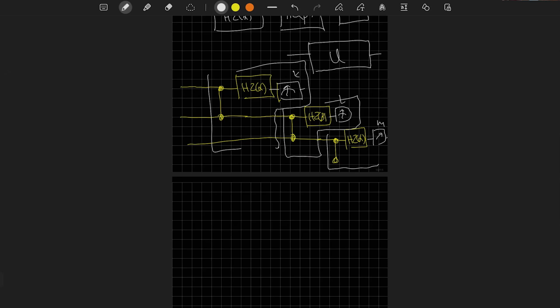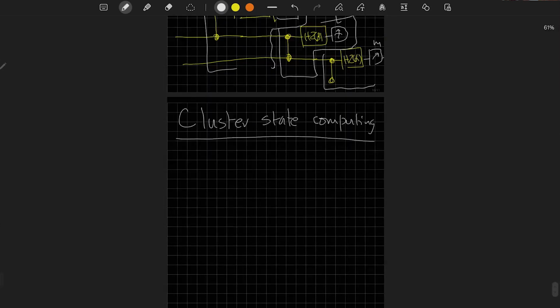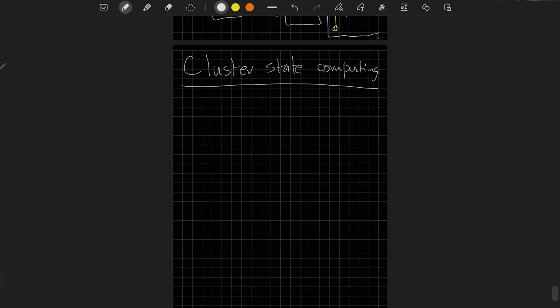So how this entire idea progresses is in the following fashion. Now I'm gradually moving to the idea of cluster state computing, which is one kind of measurement based computing. So I have my physical qubits, the photons in my case. I need to prepare an initial state.